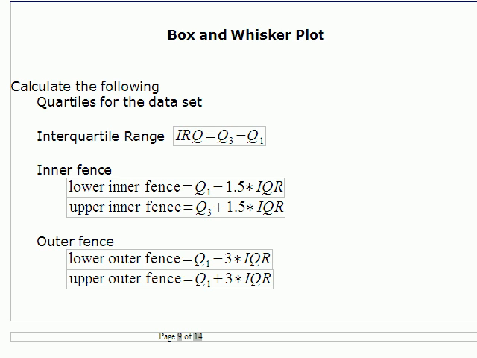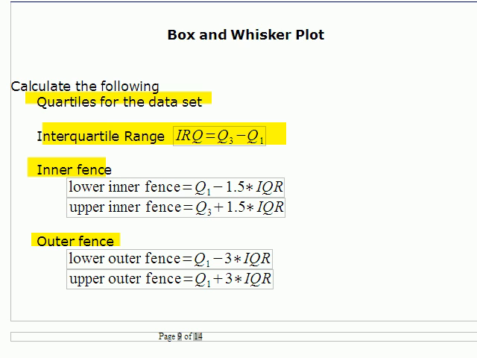Now we're going to look here at the box and whisker plot, and I will show you how to construct these inner and outer fences. So if you want to do a box and whisker plot of data, you first find the quartiles and then you find the interquartile range. You construct values for what is called the inner fence and the outer fence.